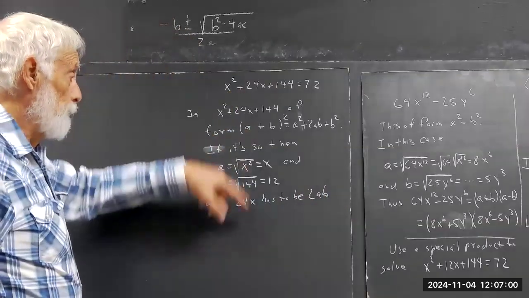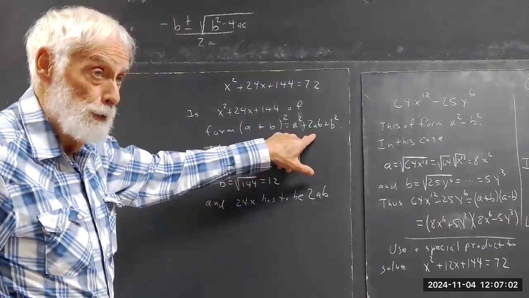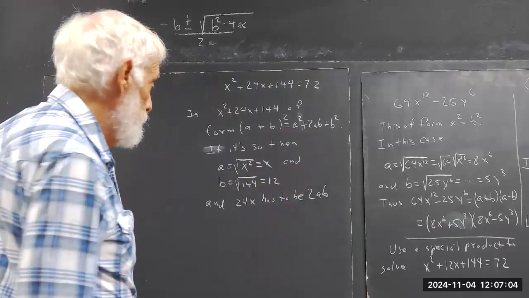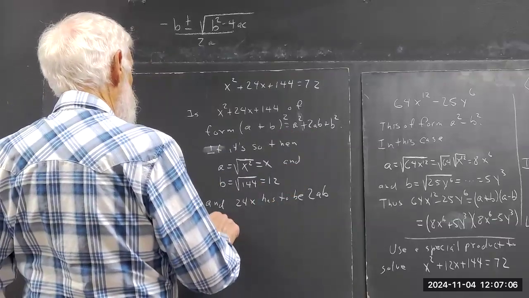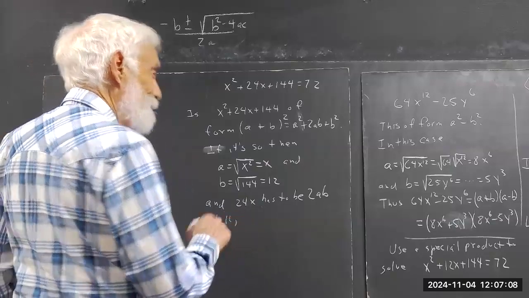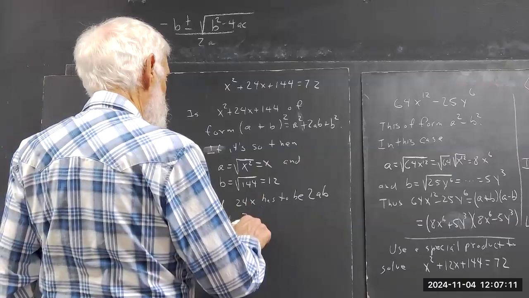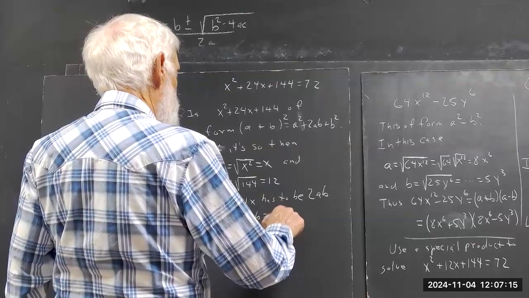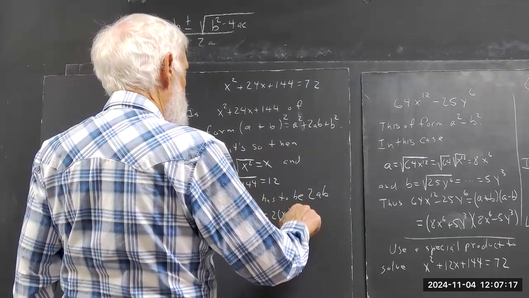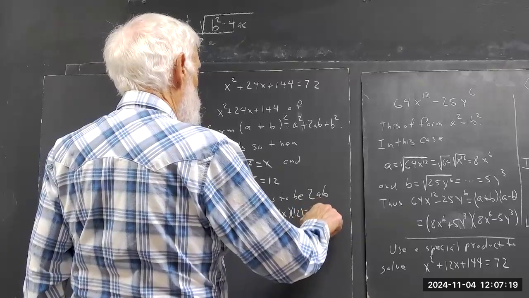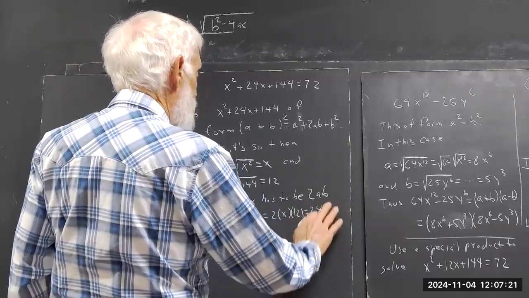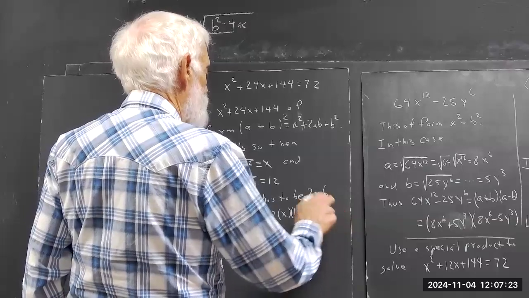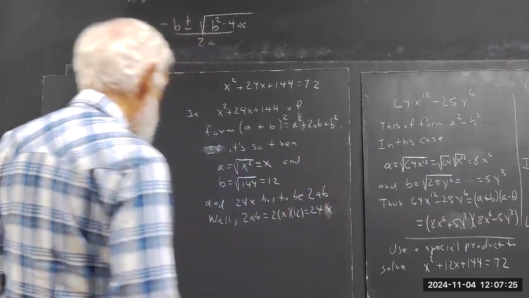And then your 24x would have to be, of course, your 2ab, right? Well, 2ab equals 2 times x times 12, which is 24x. X, not b. So the b there, I wrote it down here.